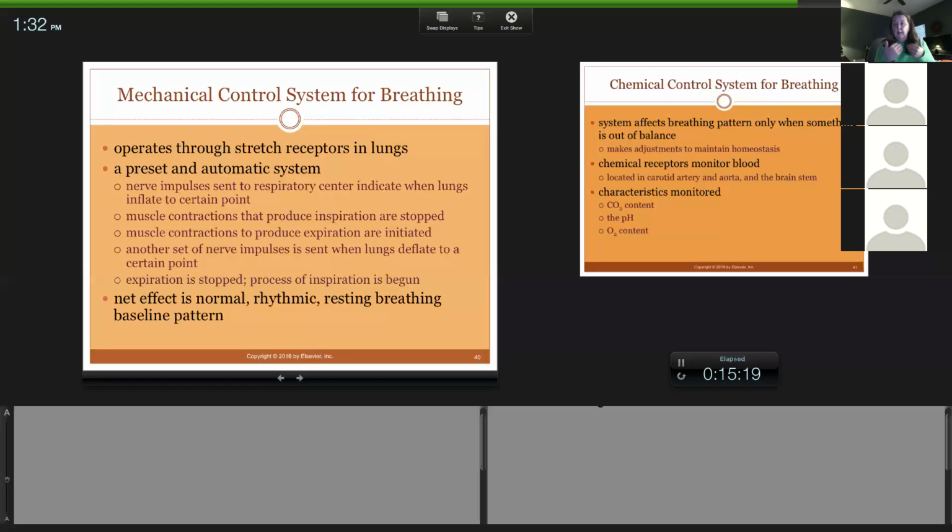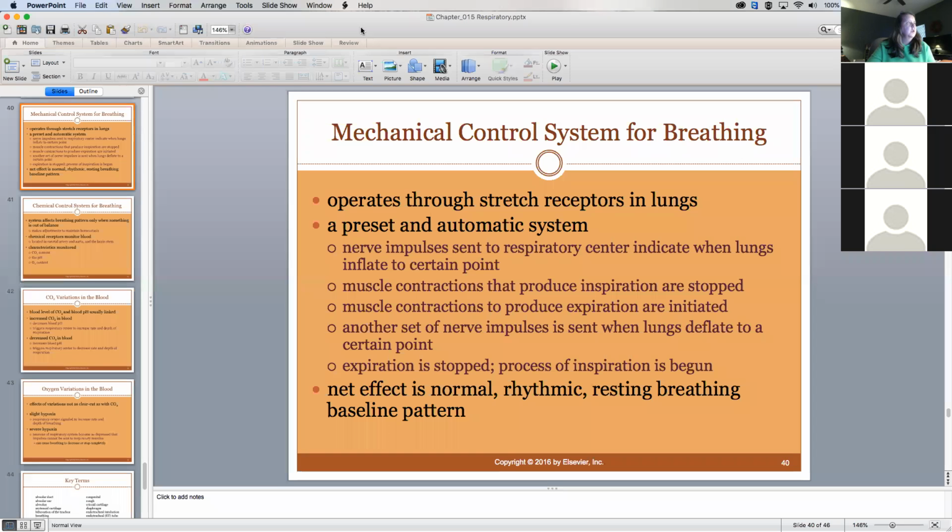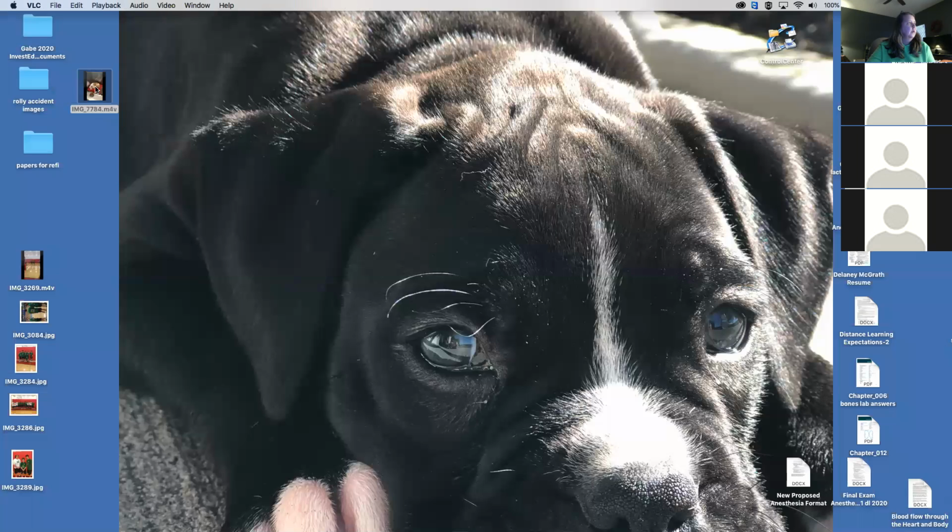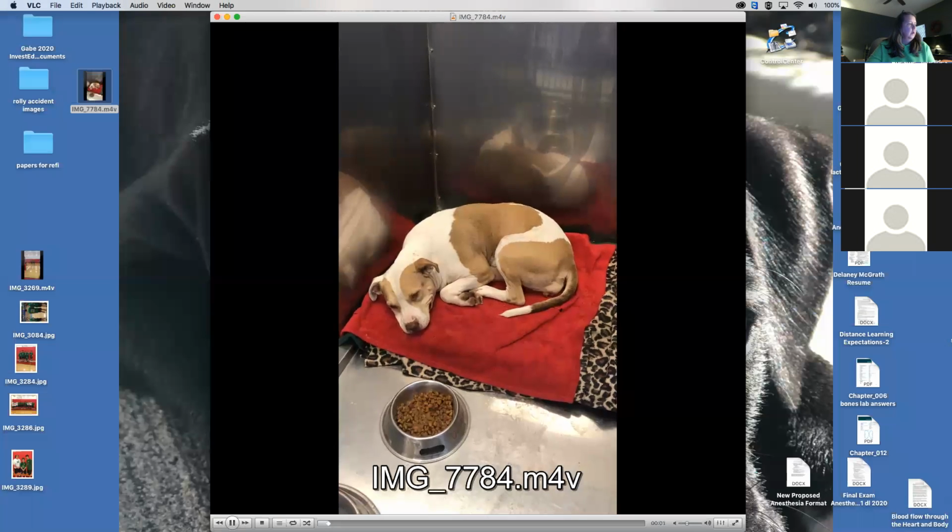And again, if an animal is doing a 3-to-1, well, let me see if I can show a, okay, I'm going to show you a dog here.